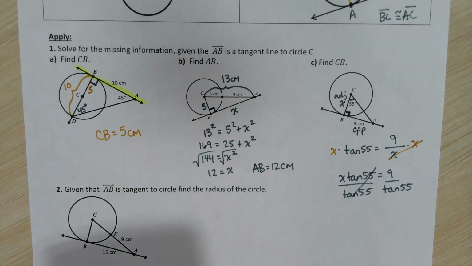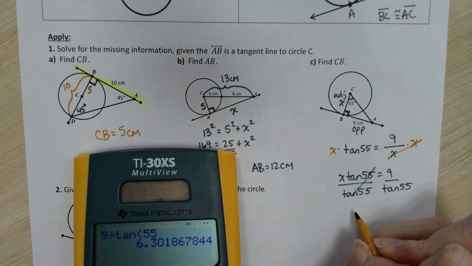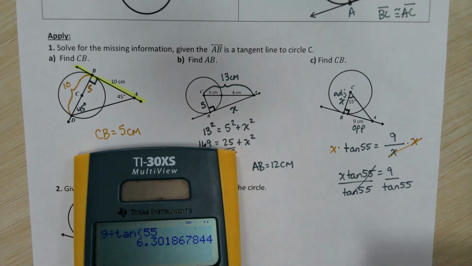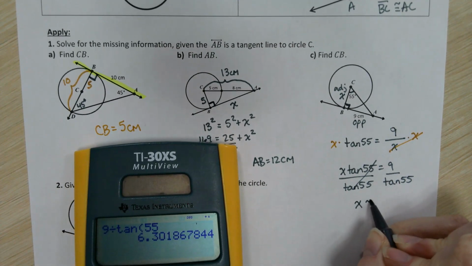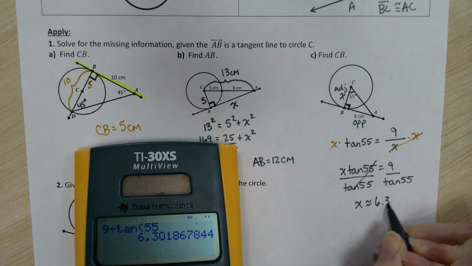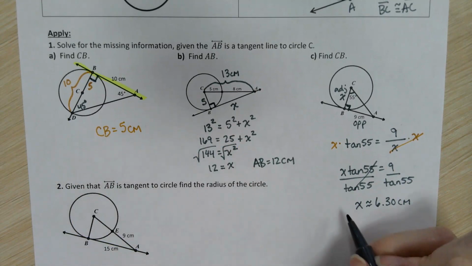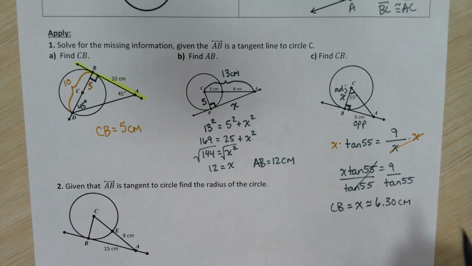Knock some calculators off the shelf back there. 9 divided by tangent of 55 is 6.30. We're going to need to round this one because we can't leave that answer exact. So we're going to go 2 decimal places like we normally do. 6.30 centimeters for x, which was actually CB as well.